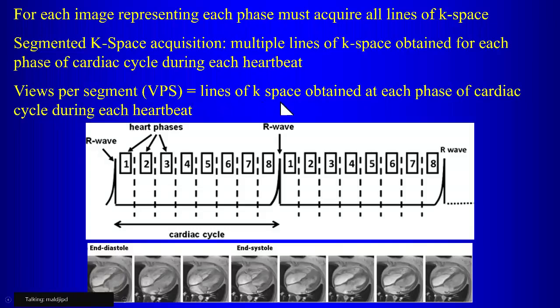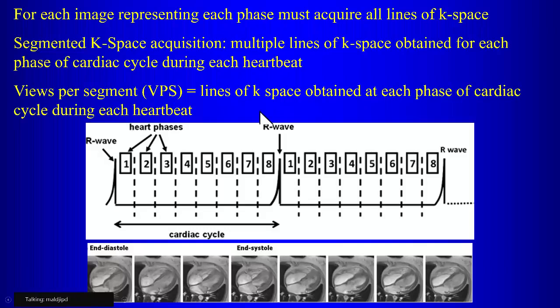So how many lines of K-space are you requiring at each phase, at each heartbeat? That is called the views per segment. So if we're going to acquire 4 lines of K-space here for this phase of the cardiac cycle during this heartbeat, and then we're going to acquire 4 different lines of K-space during the next heartbeat, our views per segment are 4.